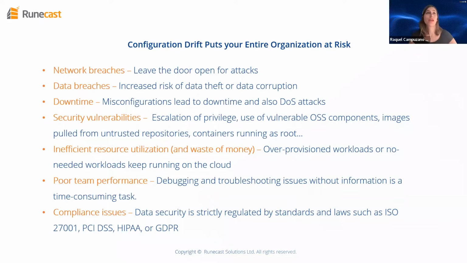And this obviously also leads to data breaches. Having misconfiguration that is not properly communicated, documented or tracked increases the risk of data theft or data corruption. I forgot to mention that the way attackers compromised the systems of Twilio was by creating a modified copy of the JavaScript library that allowed them to steal the data.